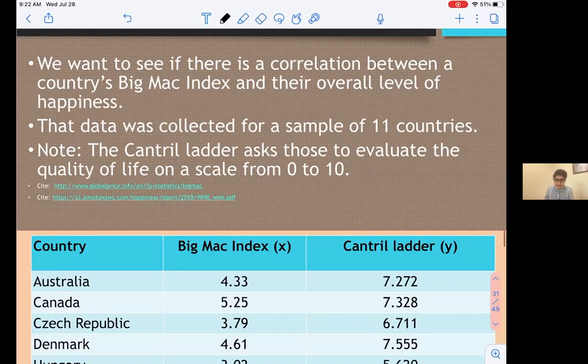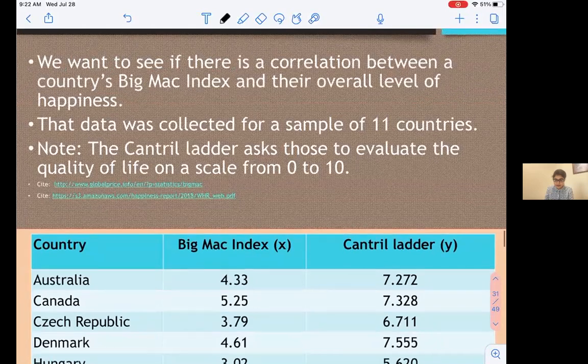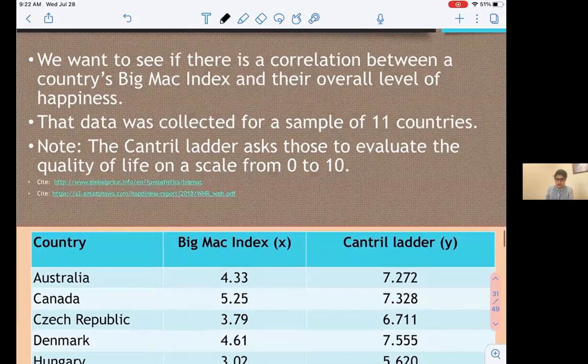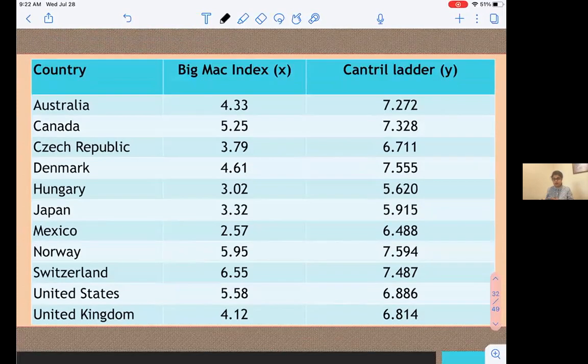The Big Mac index gives you how much money, in terms of dollars, you need in these countries to buy a Big Mac. Like in Australia, you have to take 4.33 US dollars to buy a Big Mac in that country. So this is the value of Big Mac.